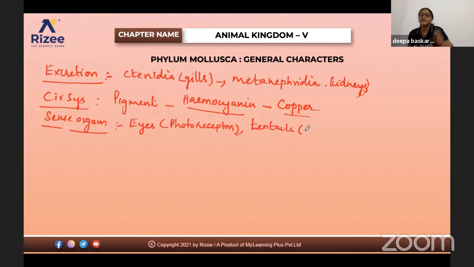They sense touch, so they are tactile or touch receptors. Clear? And apart from that, statocyst. Stato means static. What do you mean by static? That is equilibrating or balancing.